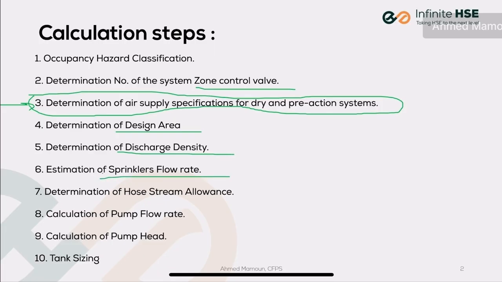After that, we add the hose stream allowance, and the total of steps number 6 and number 7 will be the pump flow rate. Using hydraulic calculation software, we will calculate the pump head, and by knowing the discharge time depending on the occupancy hazard classification, we can calculate the tank size.